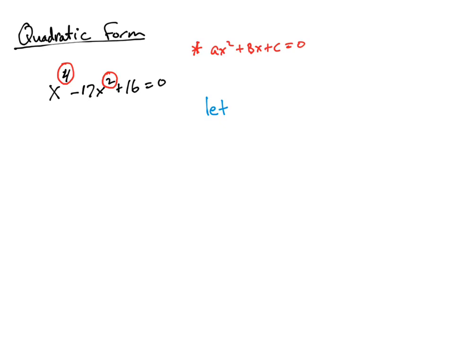So instead, let x squared be equal to y. And then if we square both of these, we're going to end up with x to the 4th equal to y squared. So what we have is a substitution we can make for x squared and for x to the fourth. So for x to the fourth, we're going to say y squared minus 17. For x squared, we're going to say y.